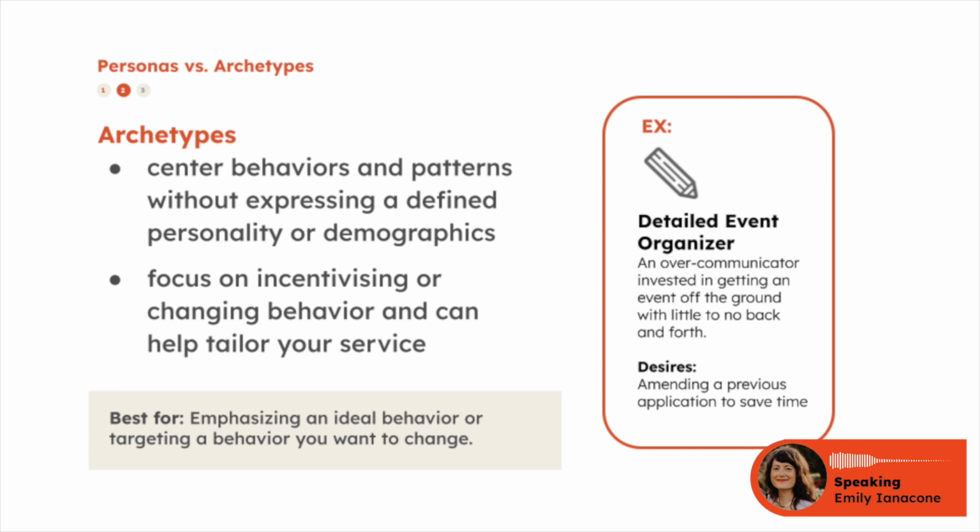I just want to share a quick example to help understand the difference between personas and archetypes. Some of you may be familiar with Joseph Campbell's book, The Hero with a Thousand Faces. This is an example from Nielsen Norman Group, so shout out to them for putting this in context. In the book he talks about story templates, and one of those story templates is the unlikely hero from humble beginnings.